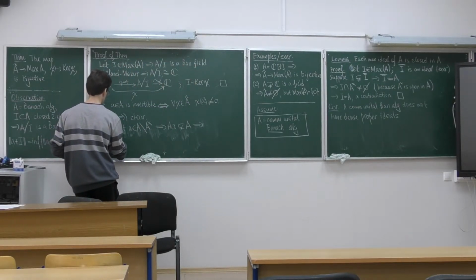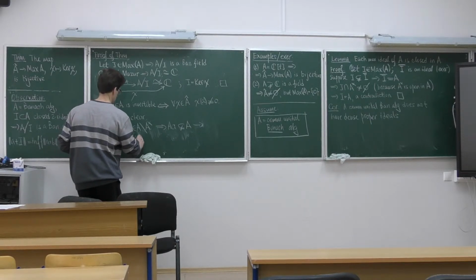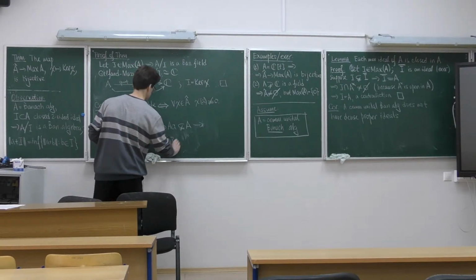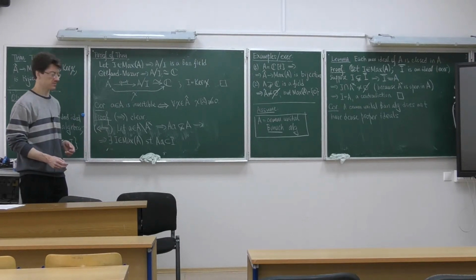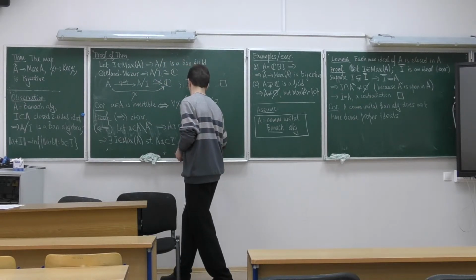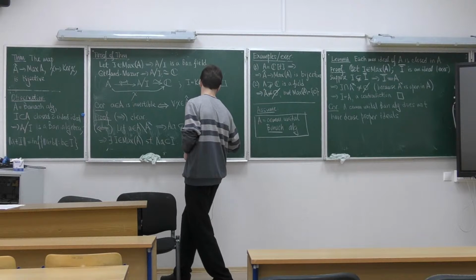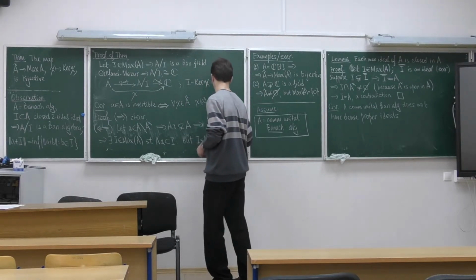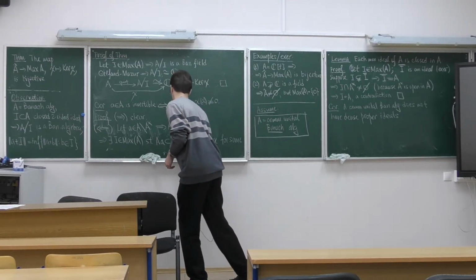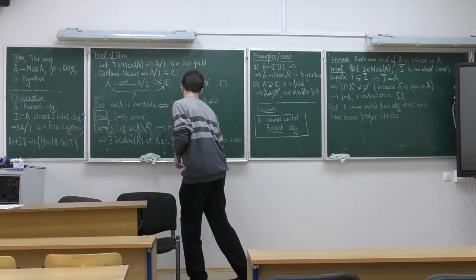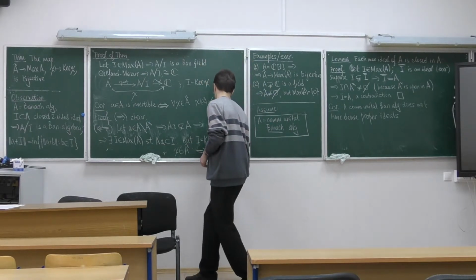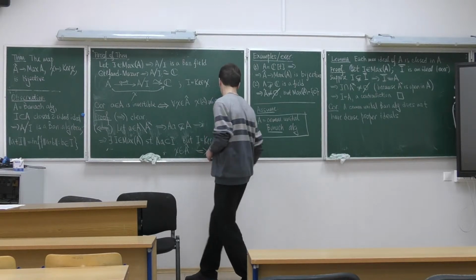There is a maximal ideal I of A such that this principal ideal is contained in I. But we already know that I is the kernel of a character. I is the kernel of some character chi. And so this implies that chi vanishes at little a. And this completes the proof.